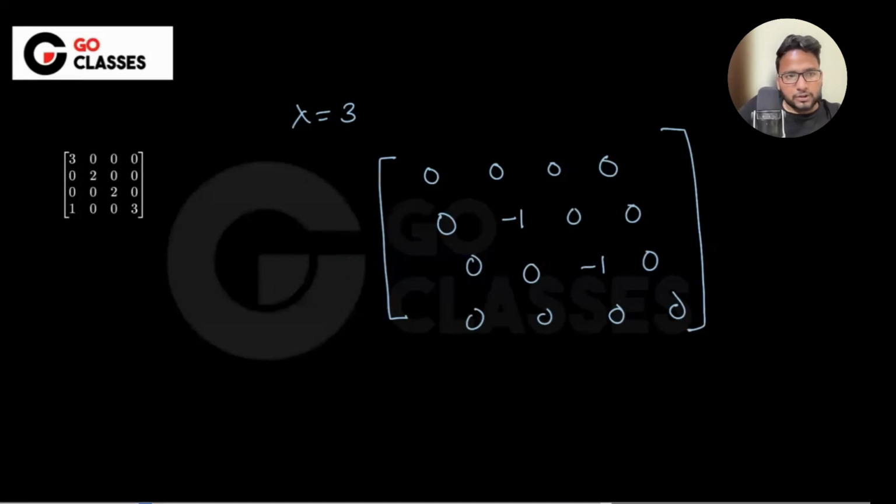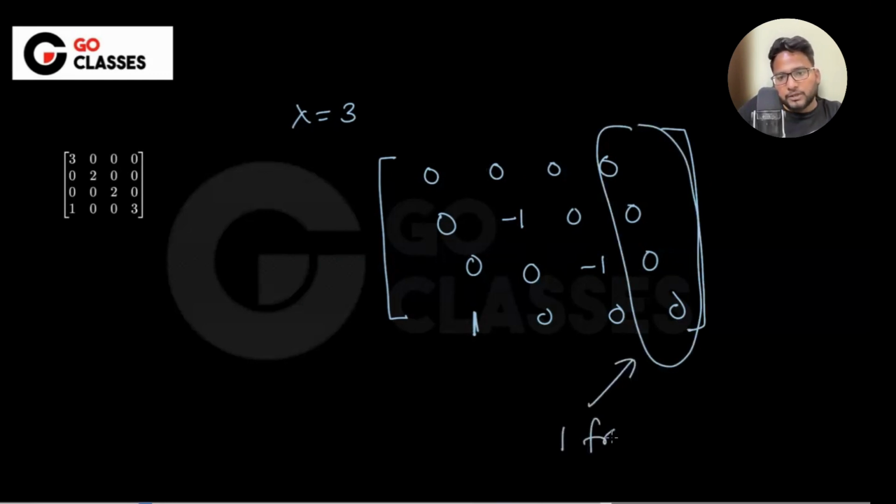Sorry, this is 1. Now, what are the free variables? I think this is pivot, this is pivot. This one is free. So how many free have you got? One free, which means only one linearly independent vector.